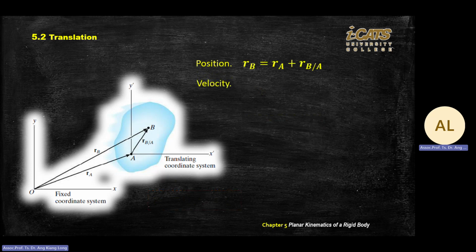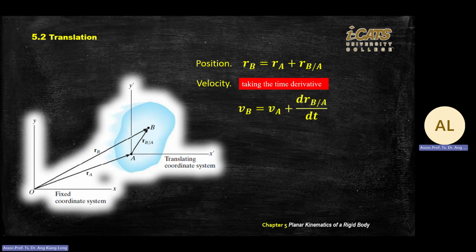Okay, once we have position, replacing S with R, velocity, you know how to find velocity from position, right? So what is the definition of velocity? ds dt in chapters 1 to 3. When it comes to chapter 5, rigid body, you take position and differentiate with respect to time, so you get dr dt.